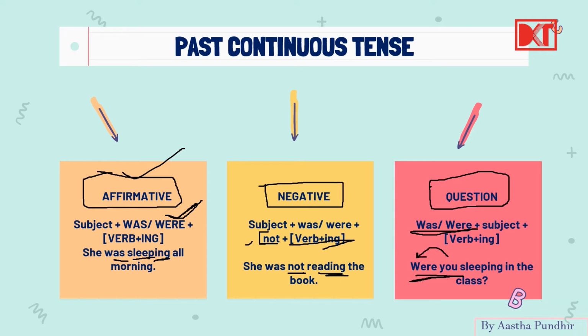Or were you sleeping in the class? And for the singular, we could say, was she sleeping in the class? Alright, so this is the formation. Was or were plus subject plus verb plus ing. This is the formation for the past continuous tense.